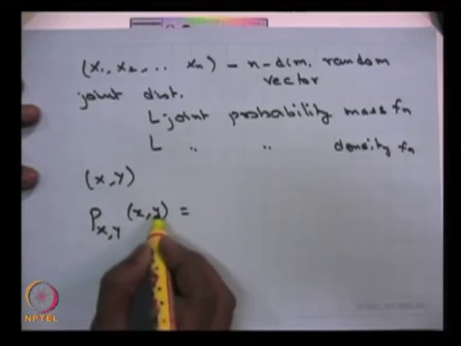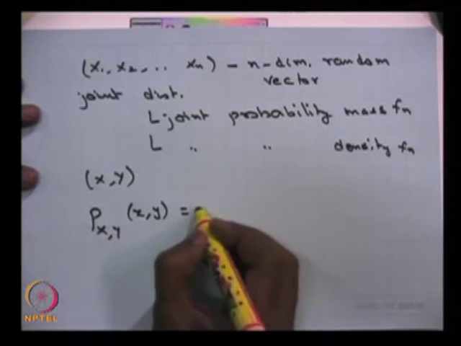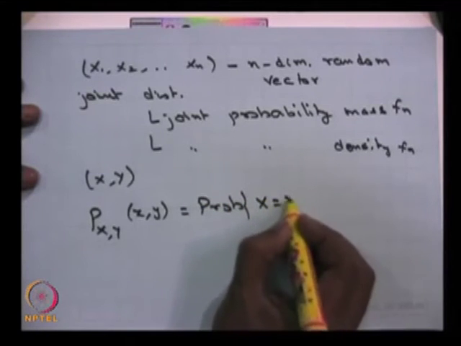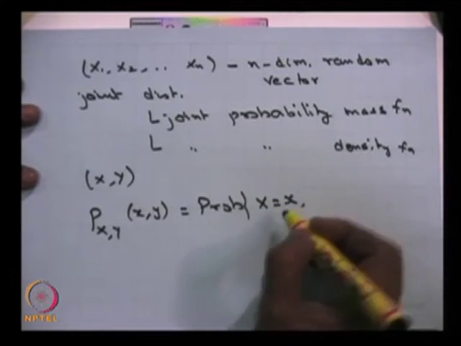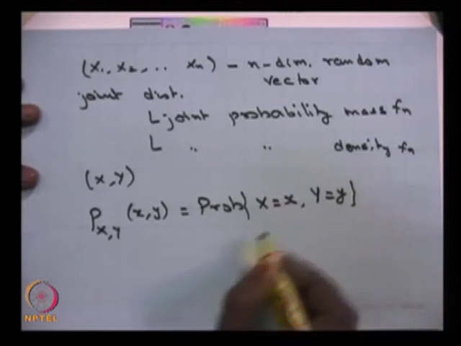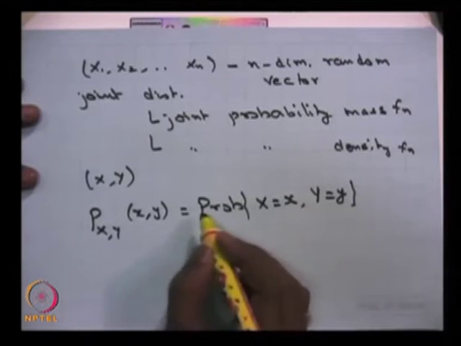It is defined as the probability of (x, y). Here small x and small y are the variables, and (X, Y) denotes the two-dimensional random variable. This is nothing but the probability that the random variable X takes the value small x, and the random variable Y takes the value small y. Based on the possible values of X and Y you have the probability of this.